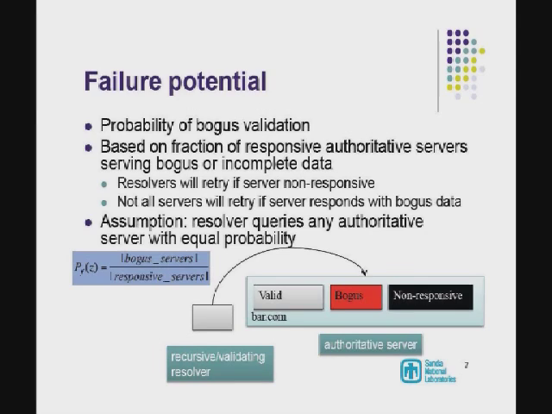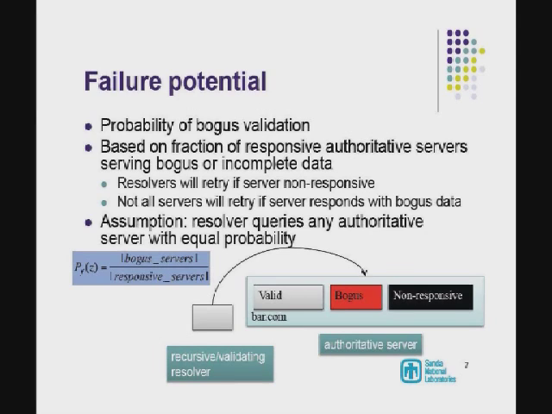In my example here, let's say we have this zone bar.com where one of the servers is serving good data, one of them is serving data that is bogus, meaning again, maybe there's a DNSKEY missing from the resource record set, or that particular server is not serving the resource record signatures as it should be. And then we have a third server here that's non-responsive.